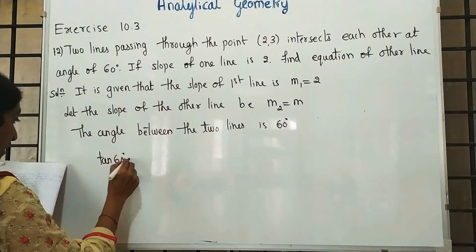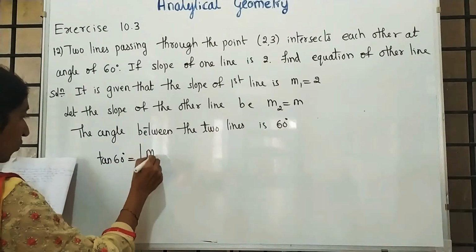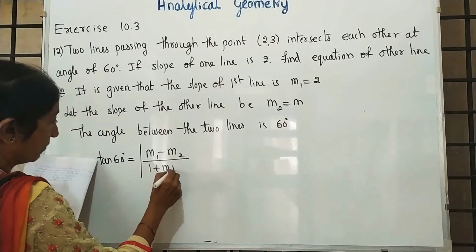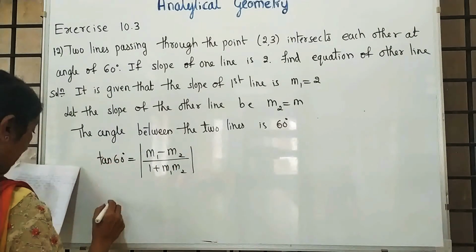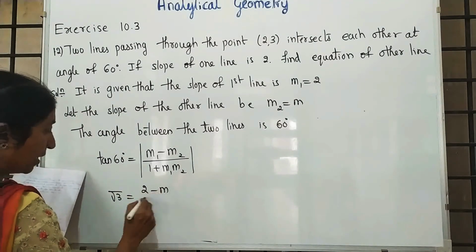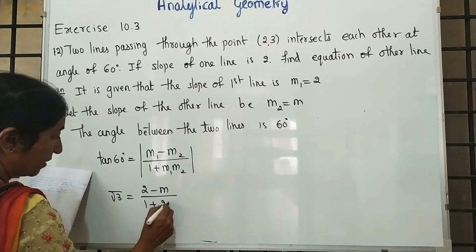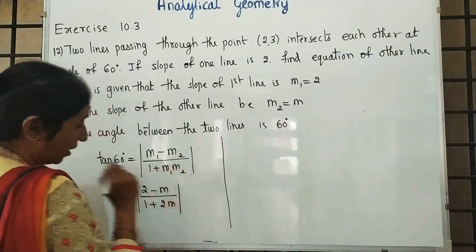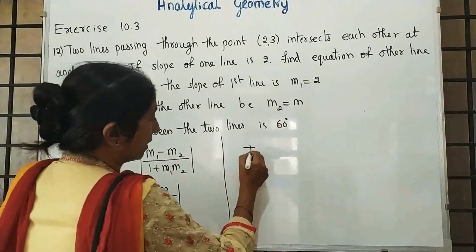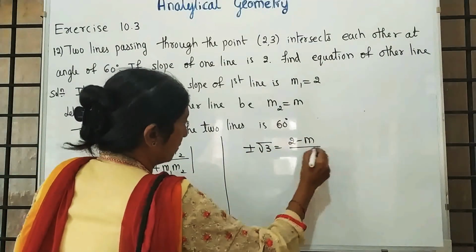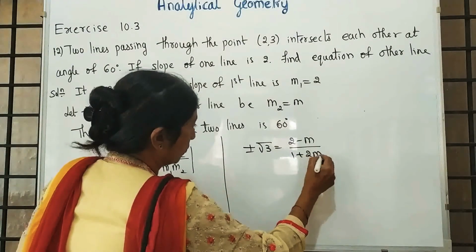Tan 60 degrees is equal to modulus of m1 minus m2 upon 1 plus m1 into m2. Tan 60 degrees is root 3. m1 is 2, m2 is m, upon 1 plus 2m. On one side we have a mod, on the other side we don't have a mod. When you remove the mod, on the other side we have to write plus or minus. 2 minus m upon 1 plus 2m.